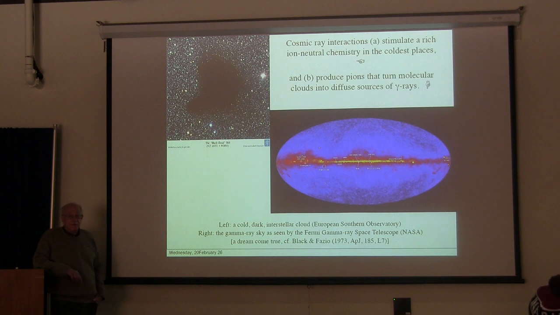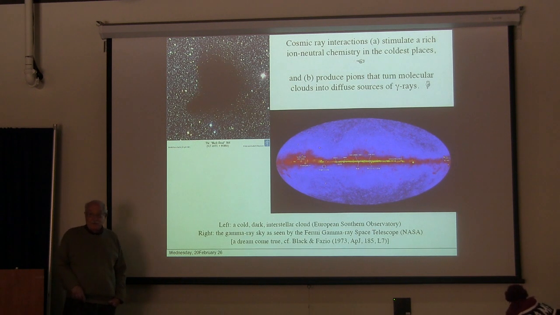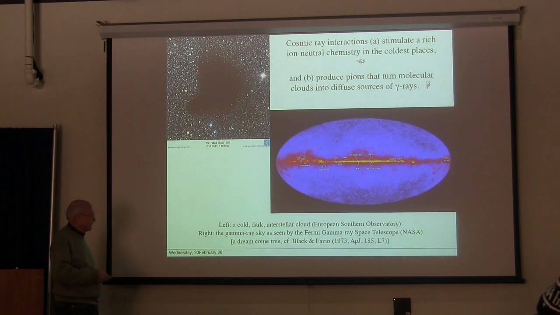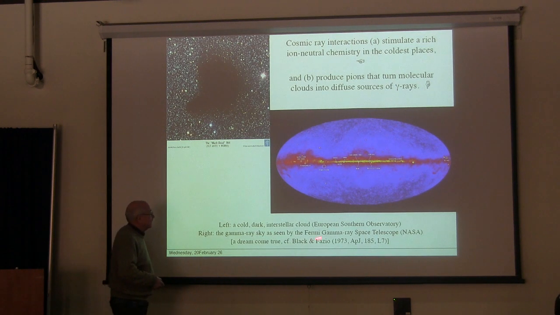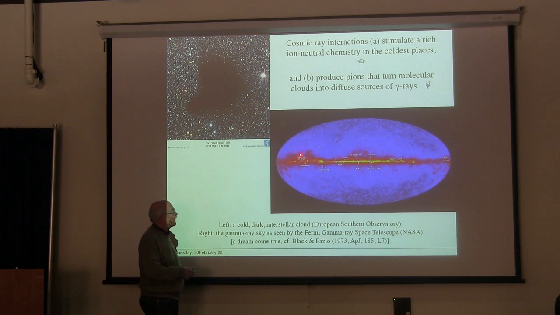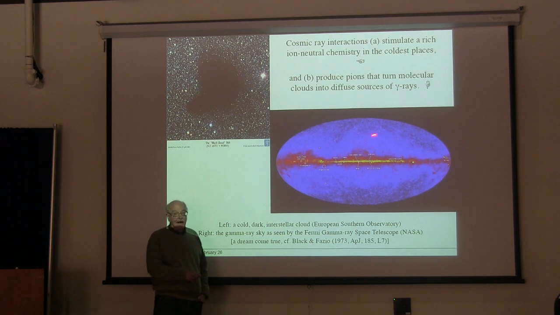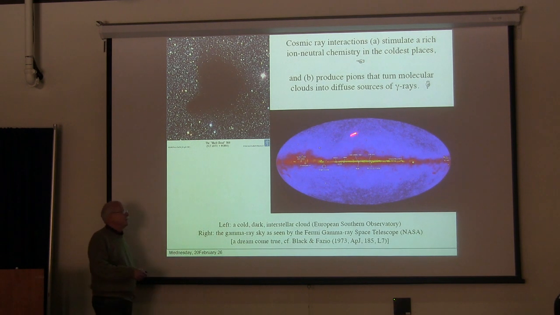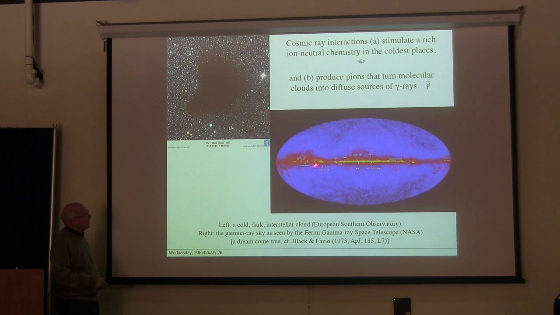And these gamma rays, it turns out, are actually detectable. They're astronomical signals. And here is an all-sky map from the Fermi Gamma Ray Space Telescope that shows the brightness of gamma ray emission. And there are point-like gamma ray sources. Most of those are active galactic nuclei, distant quasars.